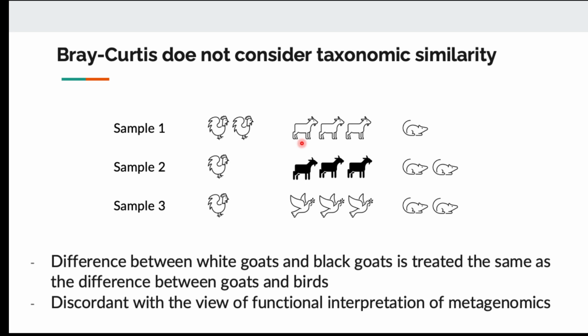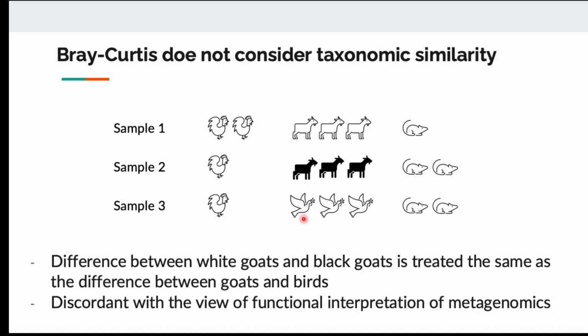But we know from genetics or taxonomic information that sample 1 and 2 should be more similar than 1 and 3, because a goat being black, the genetic difference should be small. But from a goat to a pigeon, the genetic difference should be very large. So Bray-Curtis also doesn't take this into account.